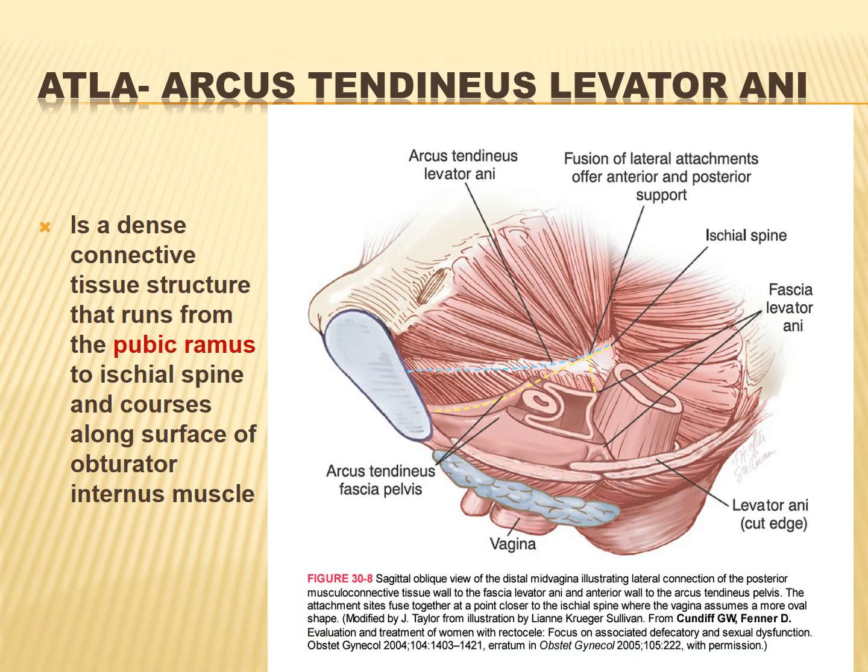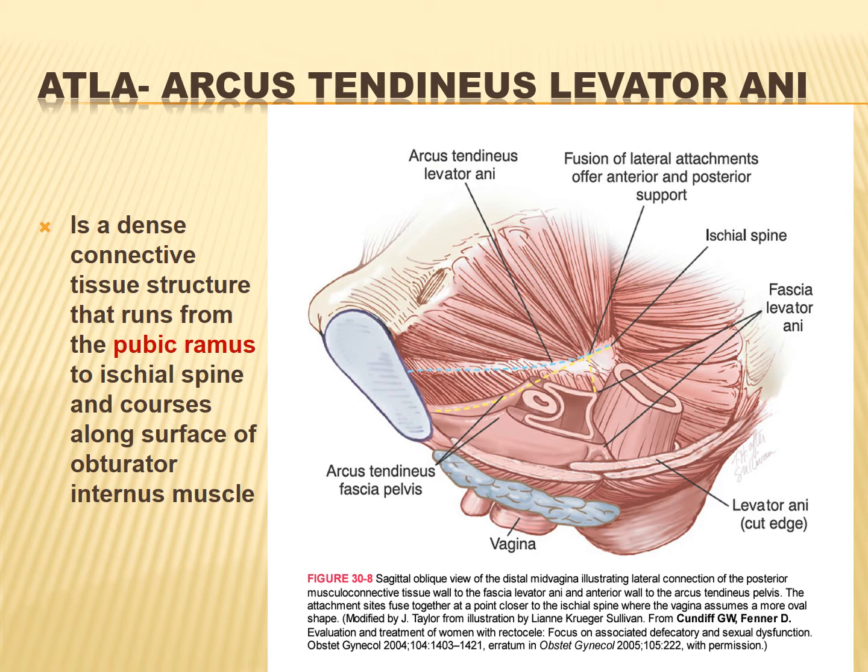Another structure is the arcus tendinous levator ani. This is also a tendinous structure. In this image, you can clearly see the dotted blue line is the arcus tendinous levator ani, which extends from the pubic rami to the ischial spine.